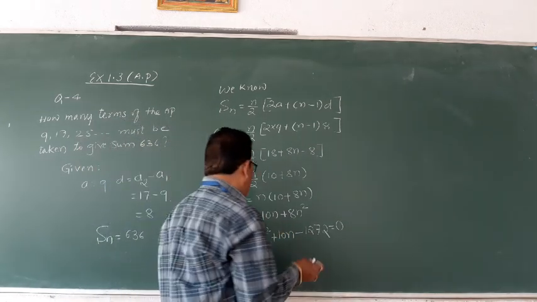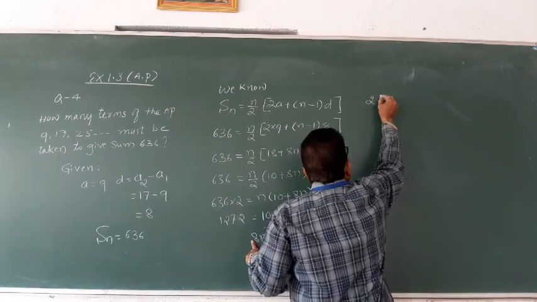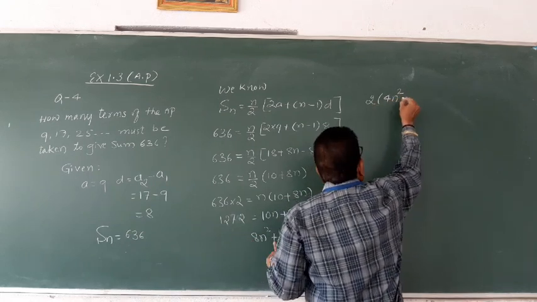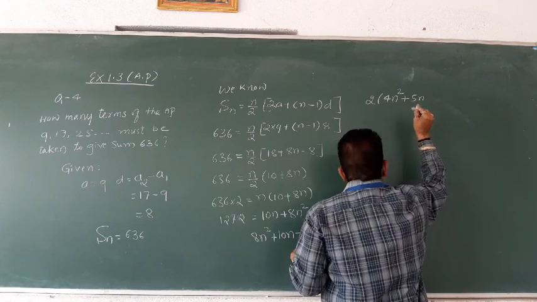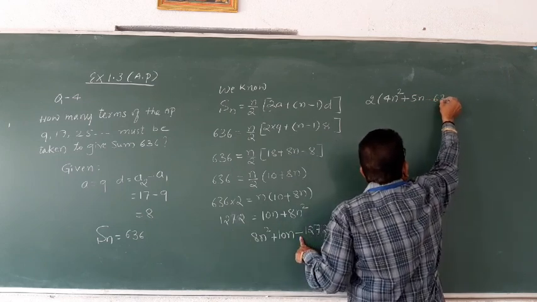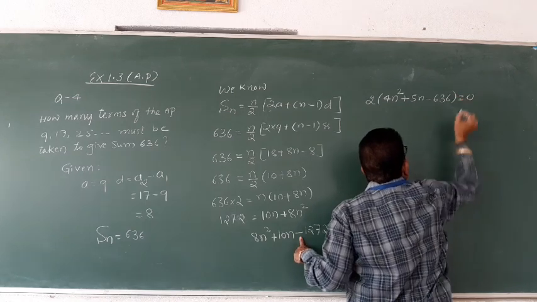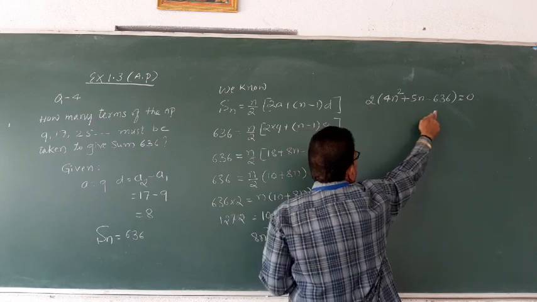Okay, let us take 2 common: 2 in the bracket 4n square plus 5n minus 636 equals 0.